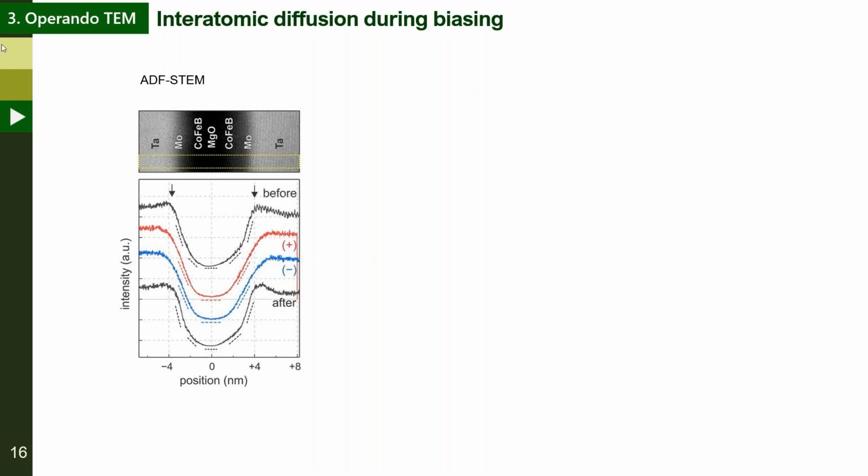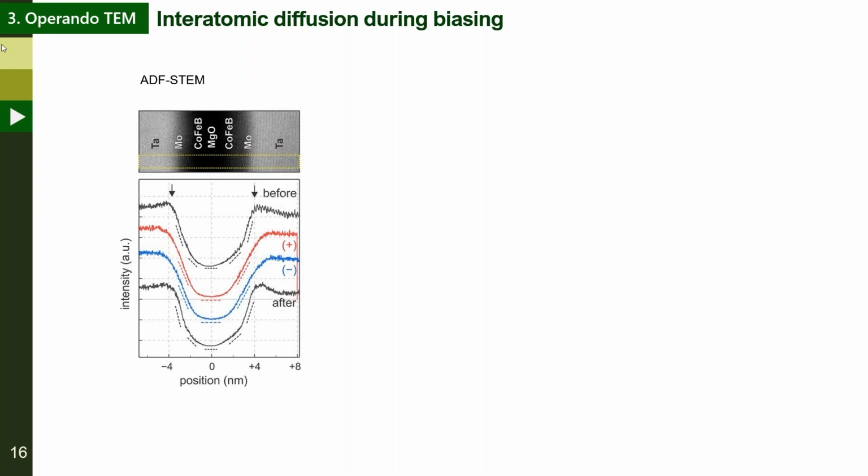On the screen, there is this ADF STEM image showing the main MTJ units before biasing. The structure shows the top tantalum layer and then molybdenum, cobalt iron boron, magnesium oxide, and cobalt iron boron.